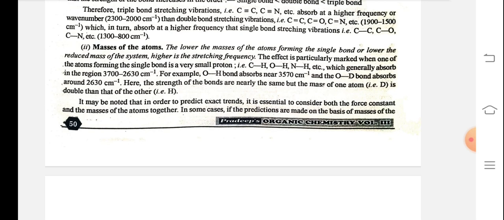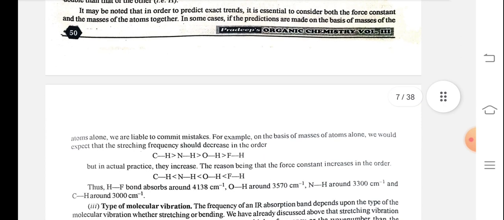It may be noted that in order to predict exact trends, it is essential to consider both the force constant and the masses of the atoms together. In some cases, if the predictions are made on the basis of masses of the atoms alone, we are liable to commit mistakes. For example, on the basis of the masses of the atoms alone, we would expect that the stretching frequency should decrease in the order carbon hydrogen, nitrogen hydrogen, oxygen hydrogen, fluorine hydrogen.